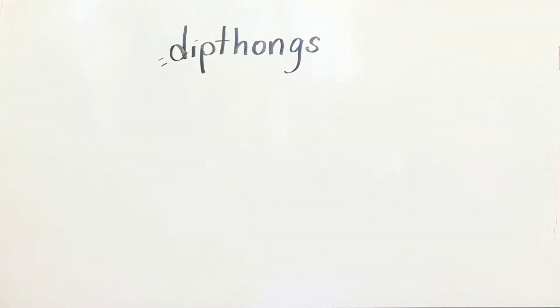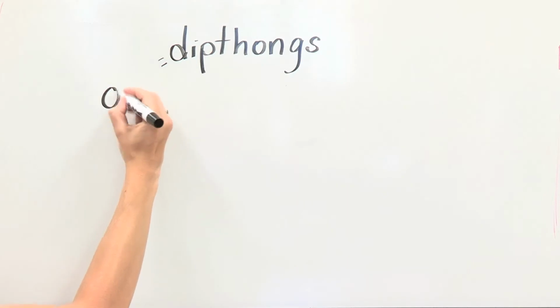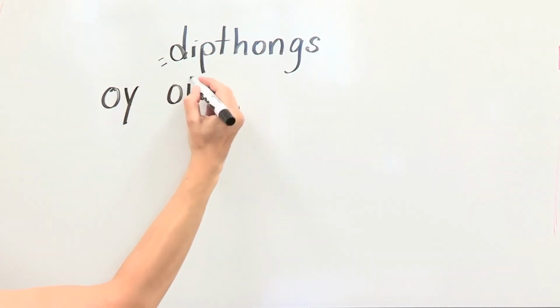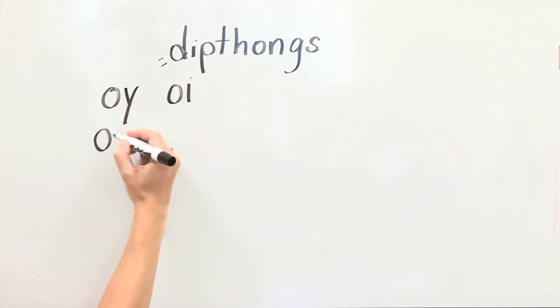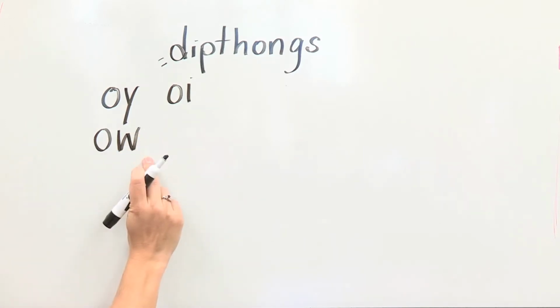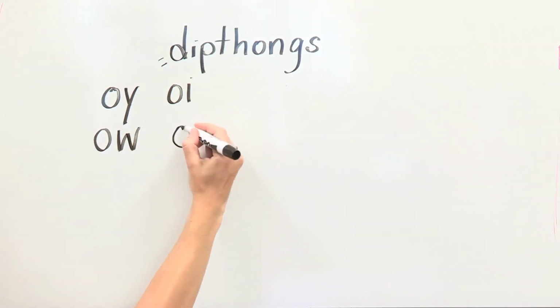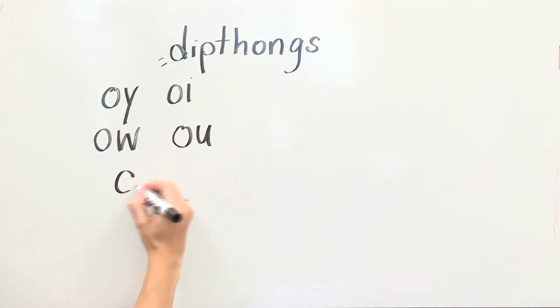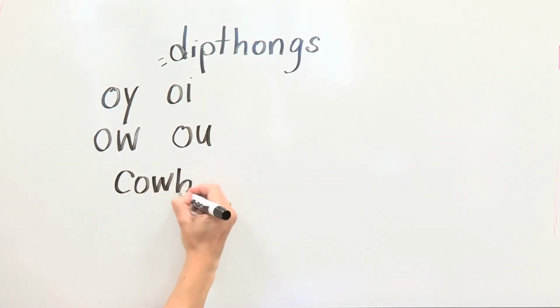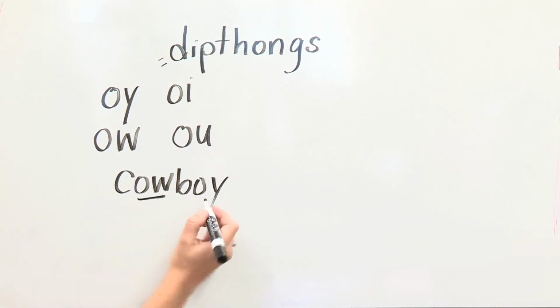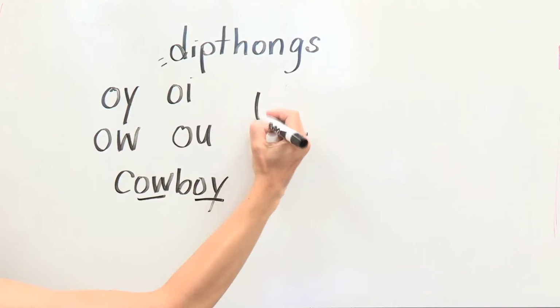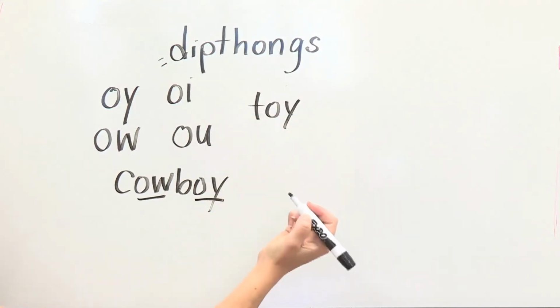The most common diphthong that we teach is OI, and if you remember from yesterday, this can make a long O. This is OW. If you look at the word cowboy, it has two diphthongs in it: ow, oi. So boy, toy.